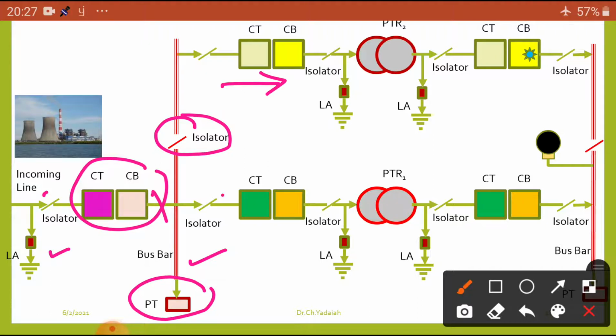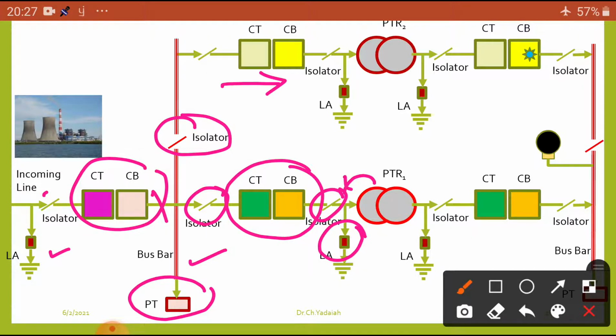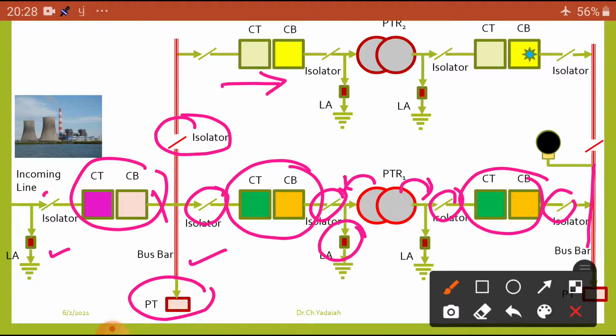So here once again isolators, same brother and sister, isolator and lightning arresters, the bodyguard to the transformer primary and bodyguard to the secondary, and next same thing: isolators, brother and sister, isolators and bus bar. This is common, dear students. And for the voltage step down, I am going to use another PT connected to the bus.